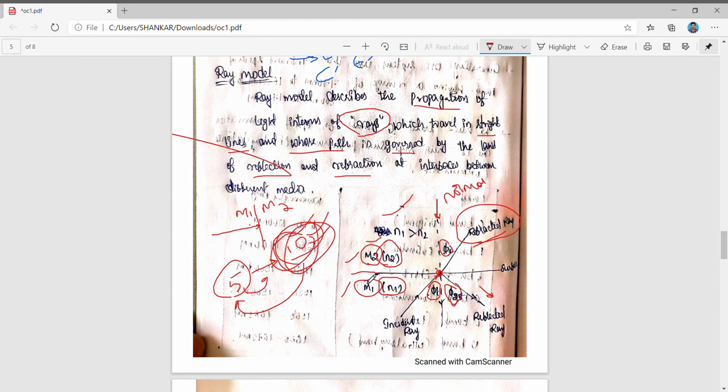Likewise here, if the refractive index is high, then the light or signal can be easily propagated into the lower medium. The medium 1 is highly dense and the other has very low density, so that's why the signal is easily propagated into the second medium.